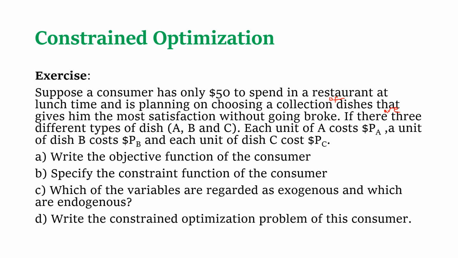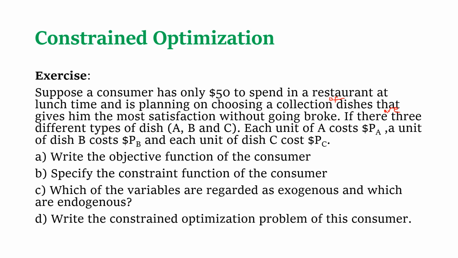The quantity of A times PA, quantity of B times PB, quantity of C times PC, right? And that gives you the total expenditure on all the three goods, and that should be less than or equal to the income, which is M. The income is just $50. That is your constraint, right?